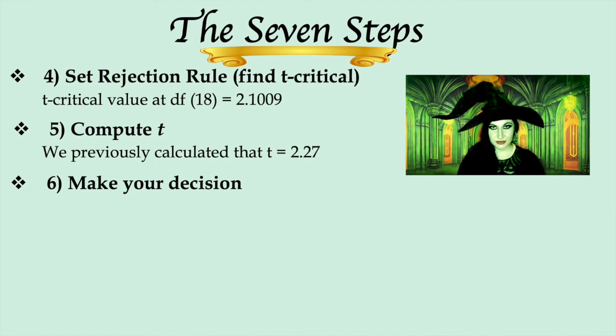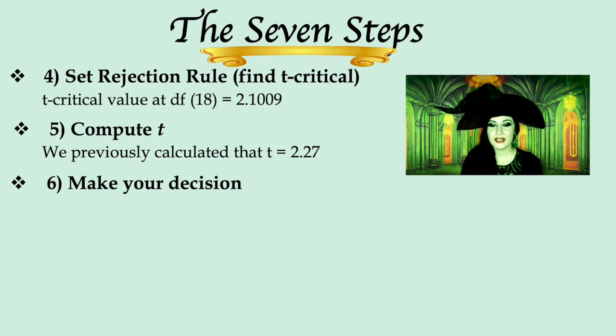If the t computed value that we've calculated from our data is greater than or equal to the t critical value, our decision will be to reject the null and conclude that there is a difference. If we see that our t computed value is smaller than the t critical value, we conclude that there are no differences because our decision would be to fail to reject the null.